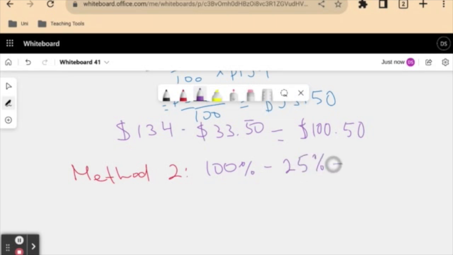And we end up with 75%. So now we can just take this fraction of a quantity, which is a little bit easier and a little bit quicker and more efficient. But if method 1 works better for you, by all means, approach it that way.